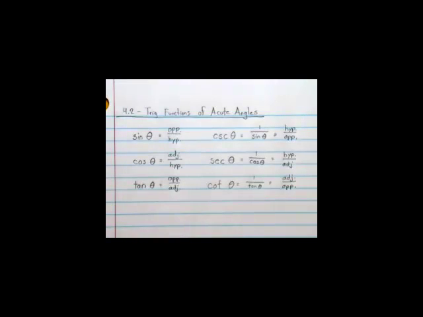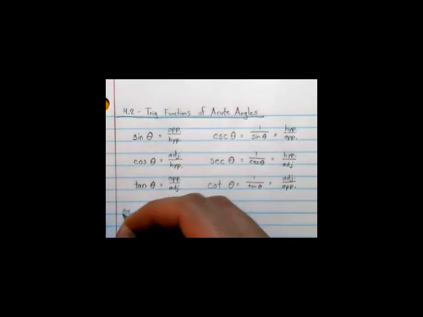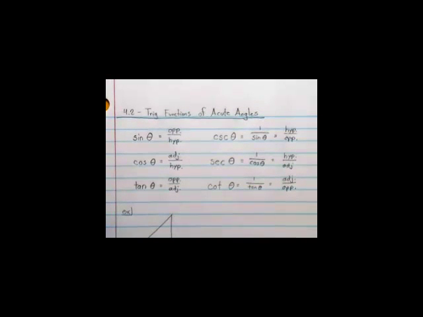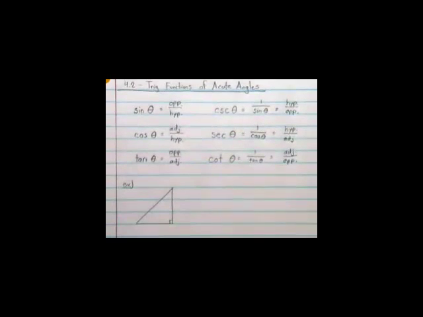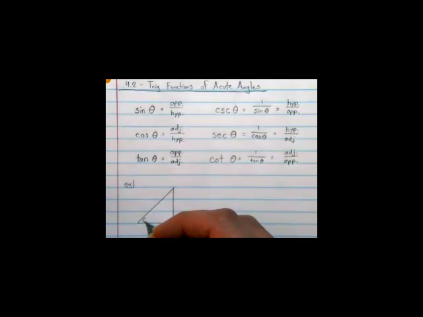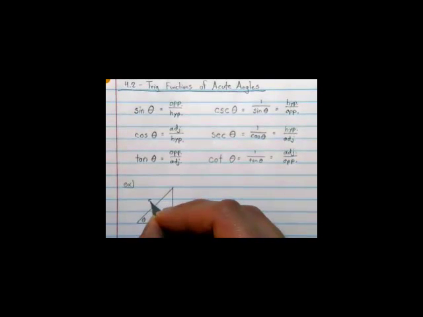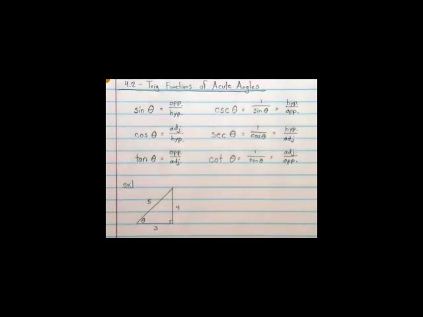Okay, so let's practice that for a minute here, just real quick, and then we'll move on because this is, I think, kind of easy stuff for you guys. So here's our right triangle. Let's say our angle is down here. Maybe this is 3, this is 4, and this is 5. So, real quick, I would like you to tell me what is the sine, cosine, tangent, cosecant, secant, and cotangent of theta.